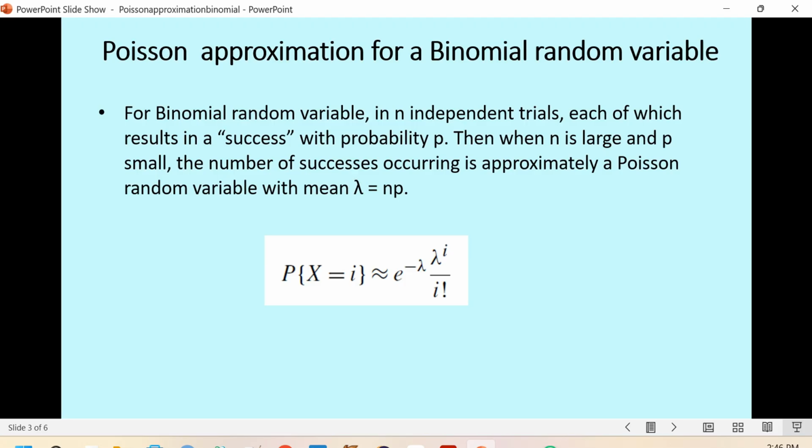So for example, with 10,000 trials, and each trial has a 0.01 success rate, np is 100. So this is approximated by a Poisson random variable during a time interval with average lambda 100. Then if we want to know the probability of, for example, 90 successes, we just fill x equals 90 in the Poisson probability, with lambda 100.